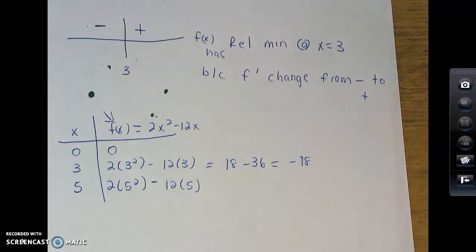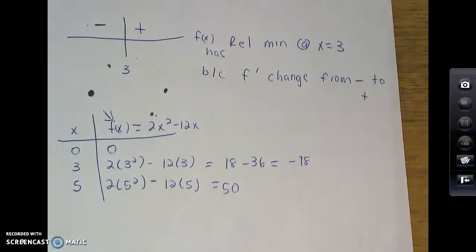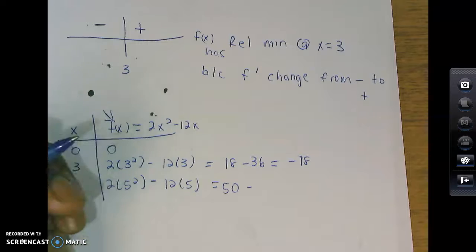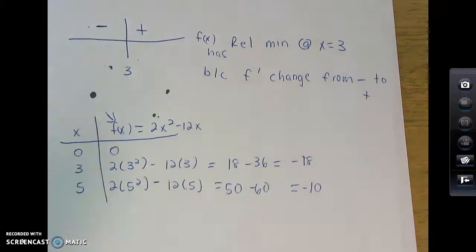When I do 2 times 5 squared, well, 5 squared is 25, times 2 is 50. And then 12 times 5 is going to be 60. So 50 minus 60 is going to be negative 10.